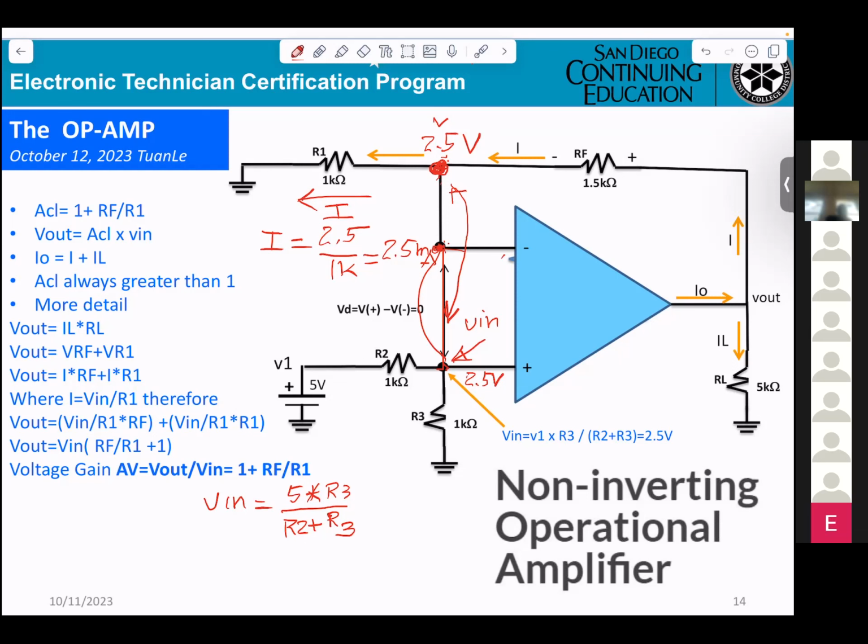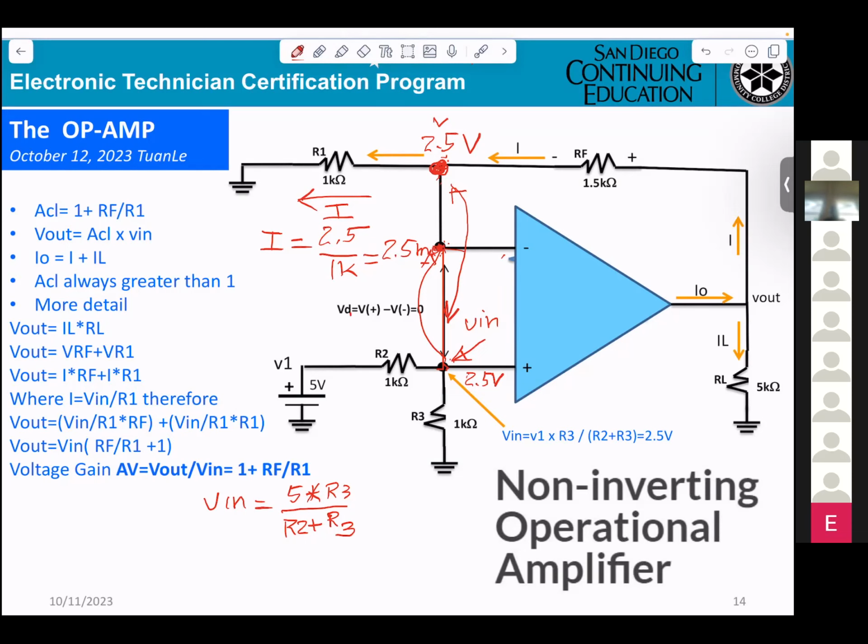You cannot hear 2.5, no. Okay? The thing is, basically, they're telling you... Oh, is that because that's virtual ground? No. They're just telling you, okay?